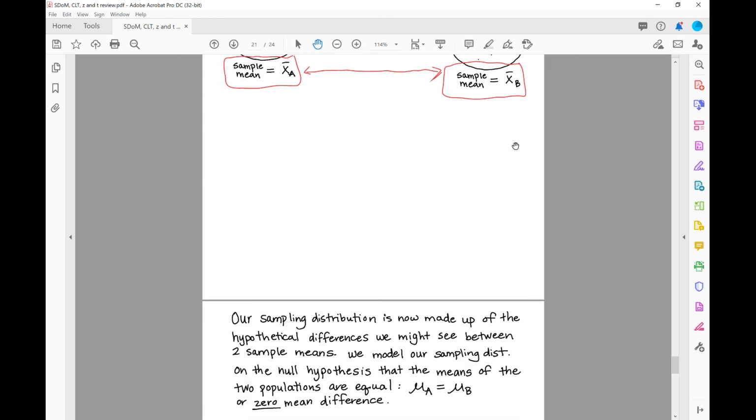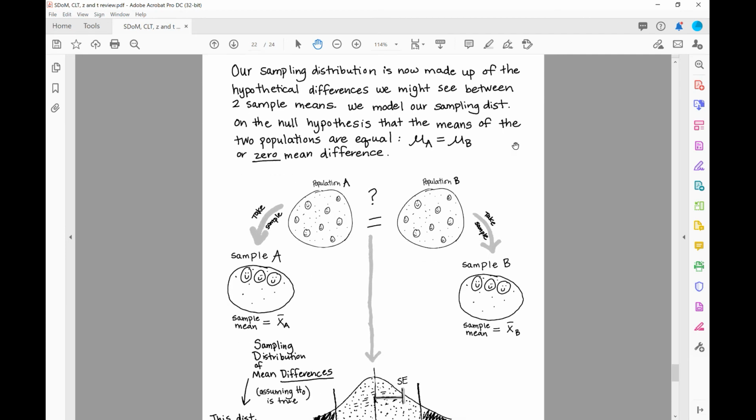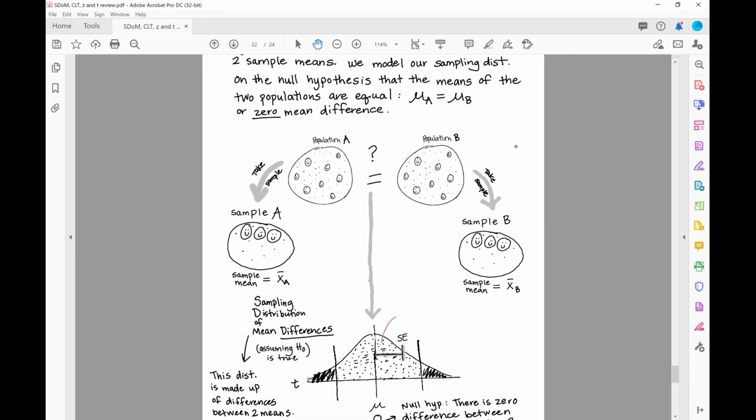So our sampling distribution that we want to make, that we want to model to compare to, is now not made up of sample means. It's no longer sample means. What it is, it's the difference between sample means.